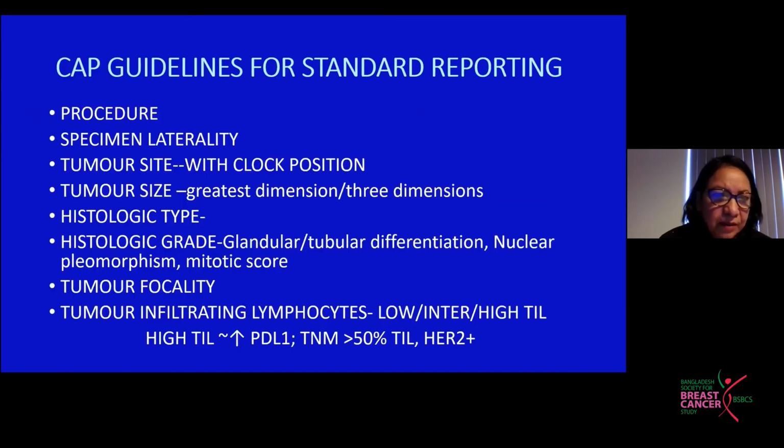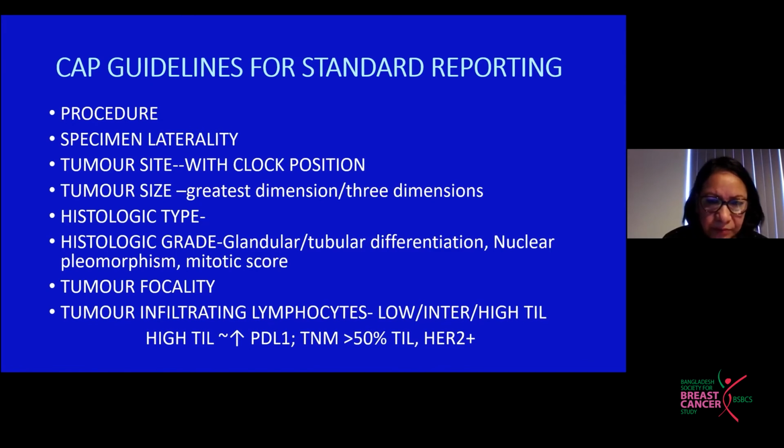So coming to the reporting, which is the CAP guideline for standard reporting, in synoptic reporting what we usually note down are the procedure, specimen laterality, as we all know, tumor site, tumor size, histologic type, and histologic grade. And also we go for detailed architecture to do the grading.